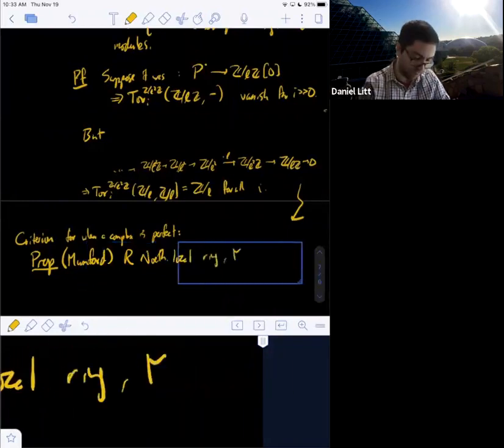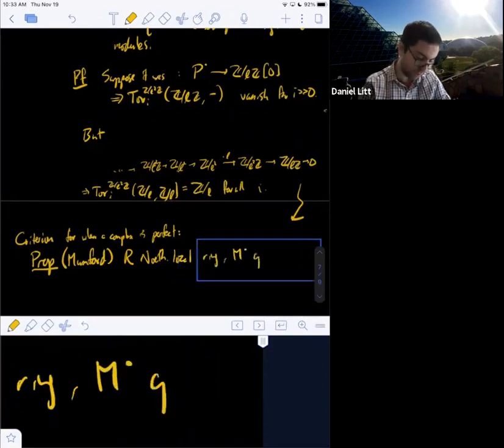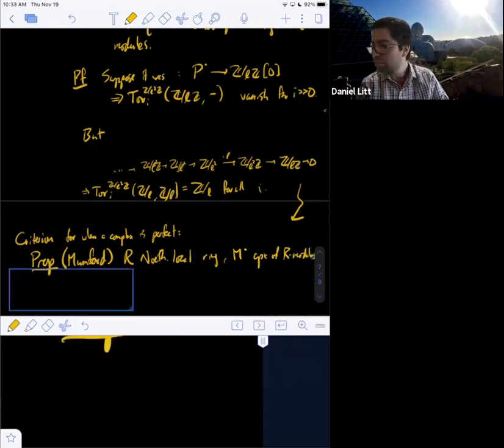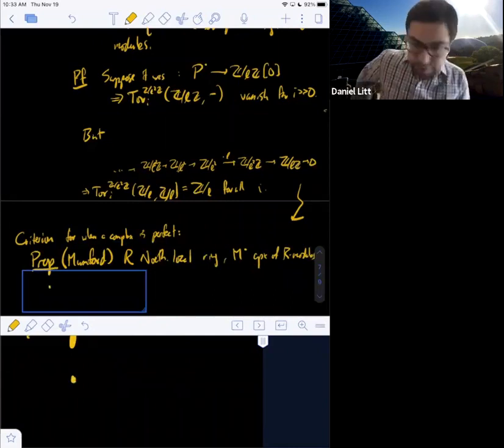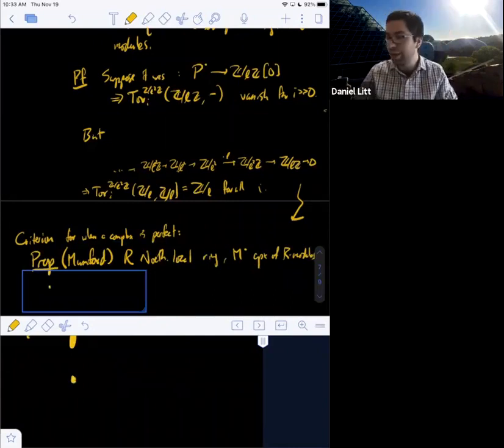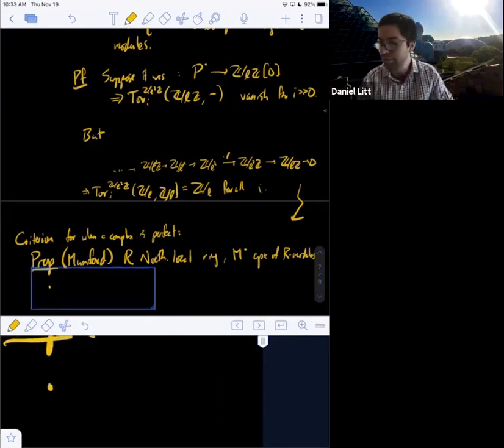And suppose that M is a complex of R modules. So then there are 2 steps. The first step is just to find a kind of free resolution which is bounded in one direction, and that's pretty easy.